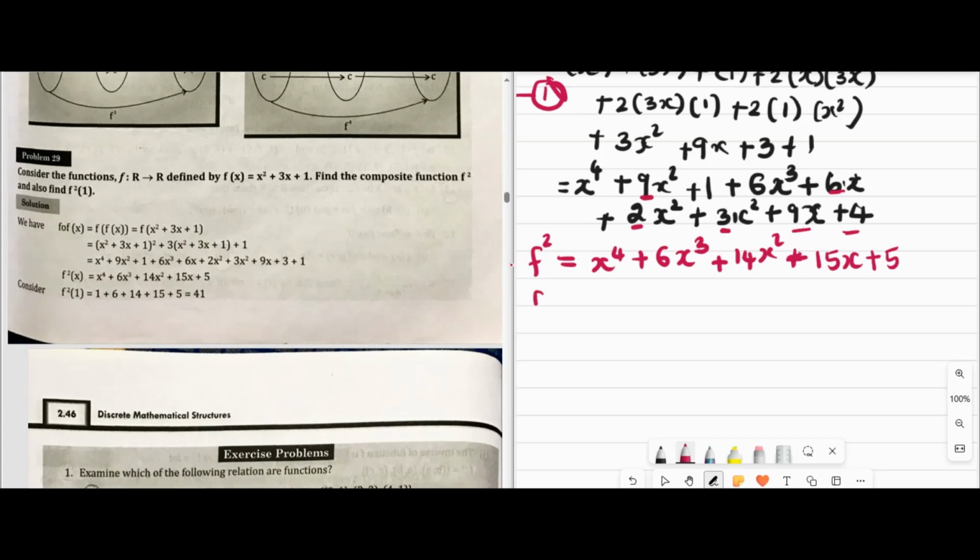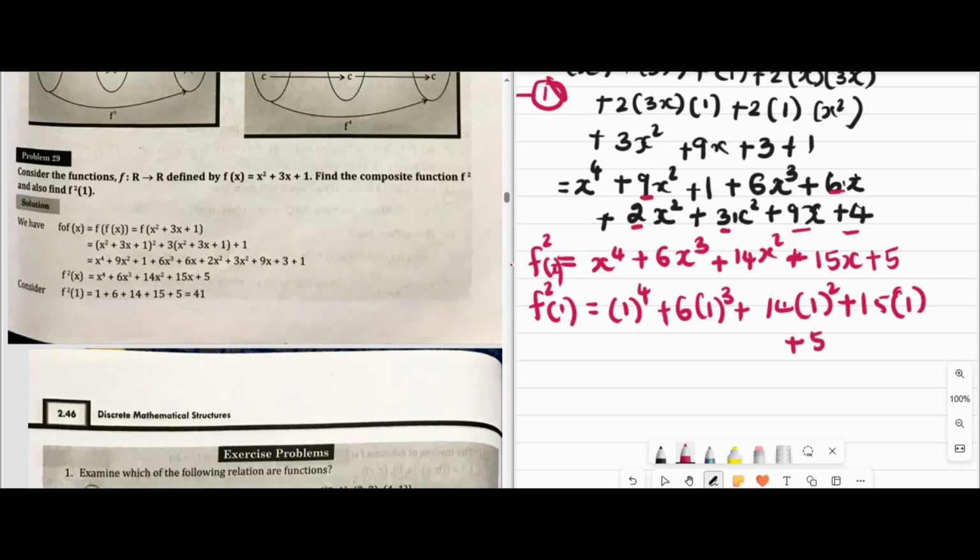They're asking you to find f square of 1. So wherever you have x, we write 1. It will be 1 power 4 plus 6 into 1 cube plus 14 into 1 square plus 15 into 1 plus 5.